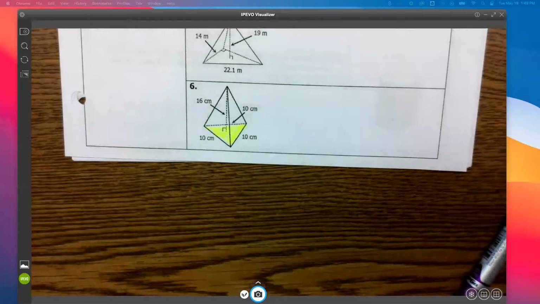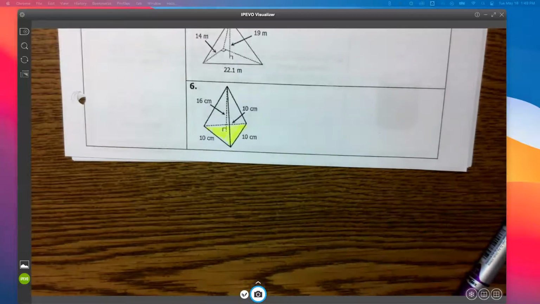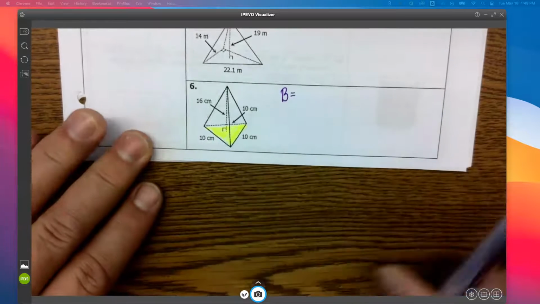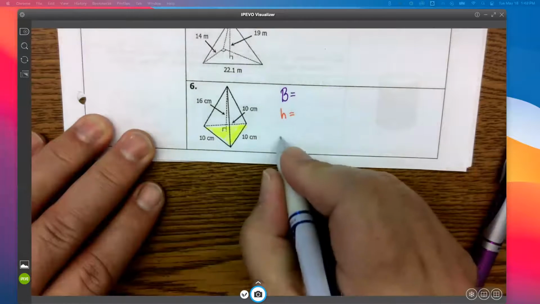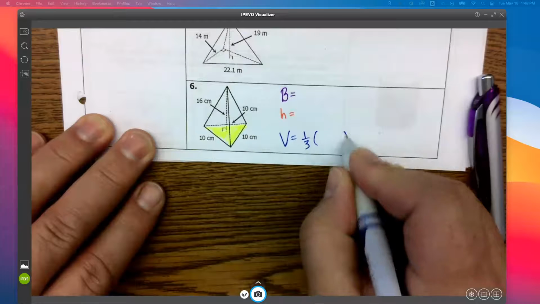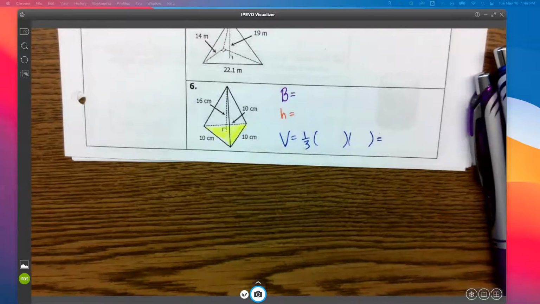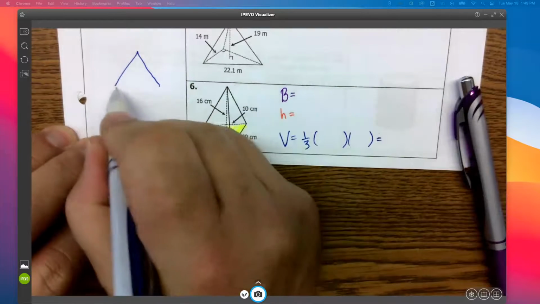Find the volume of this pyramid with an equilateral triangle base. And feel free to draw the triangle over here if you need a little more space to get the base.